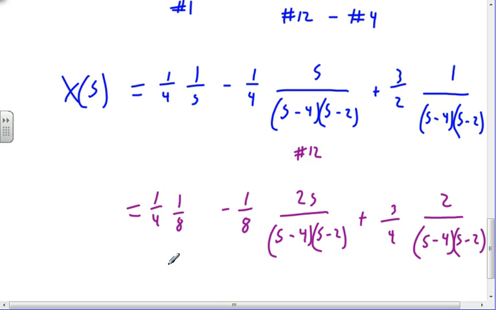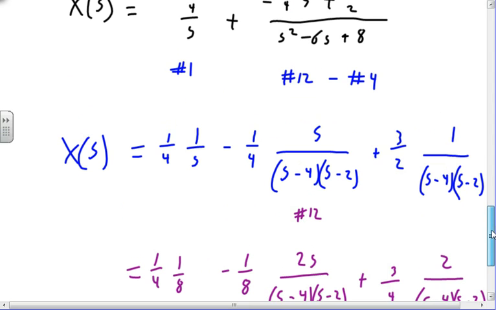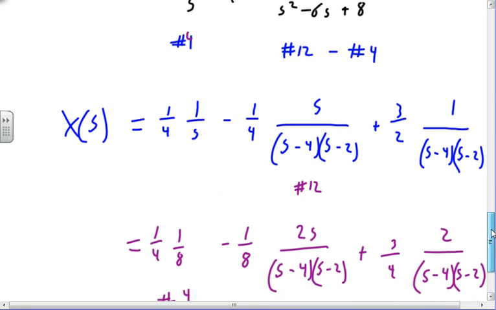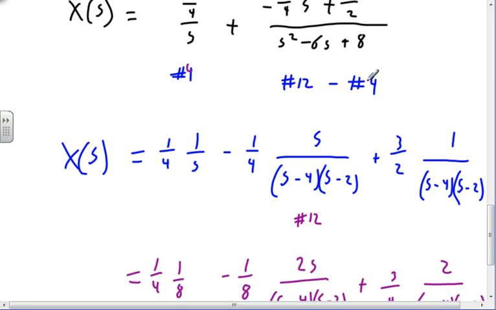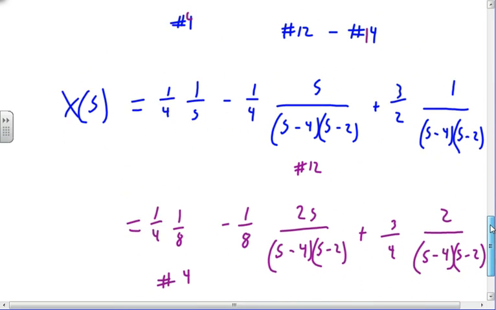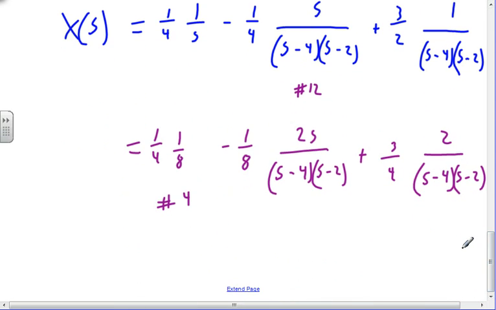I'm using number 4 for that one, number 14 for the guy with the s on top, and number 12 for this one.